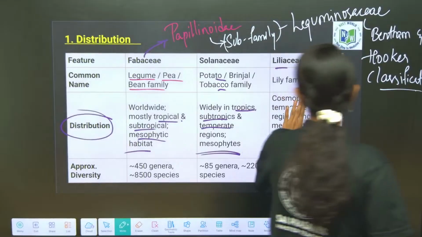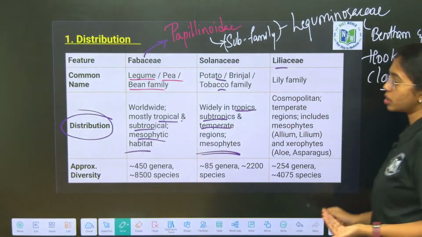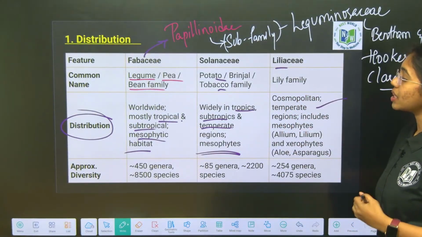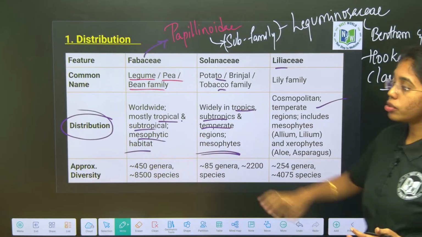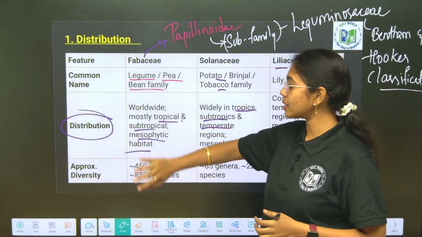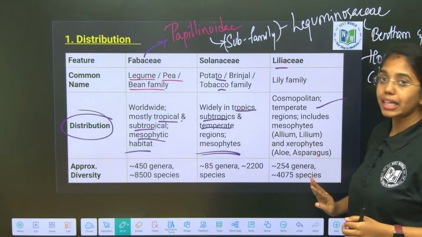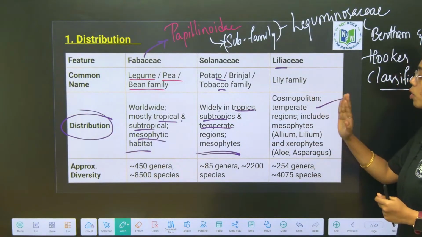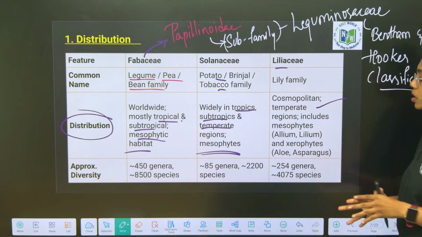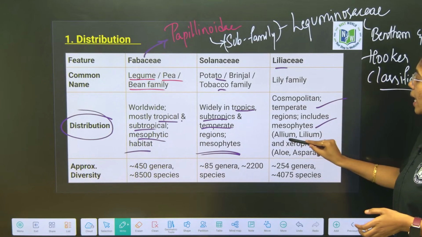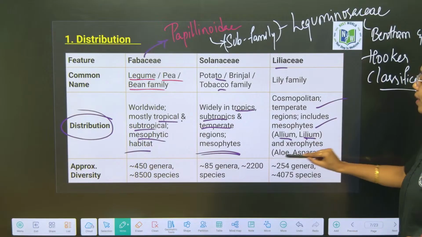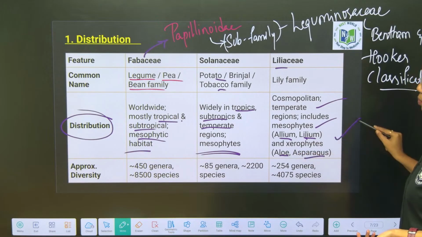Next, Liliaceae members are also cosmopolitan in distribution, mostly present in temperate regions. This includes mesophytes like Allium, Lilium and xerophytes like Aloe vera and Asparagus.